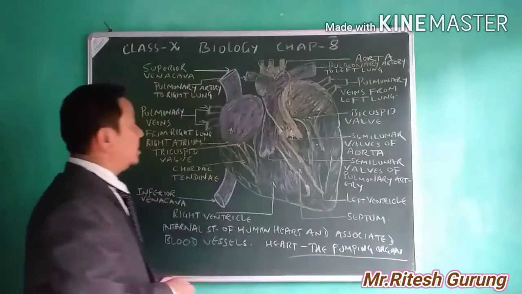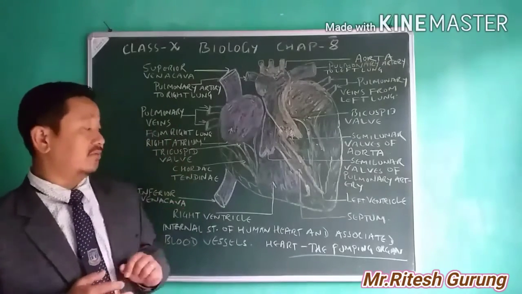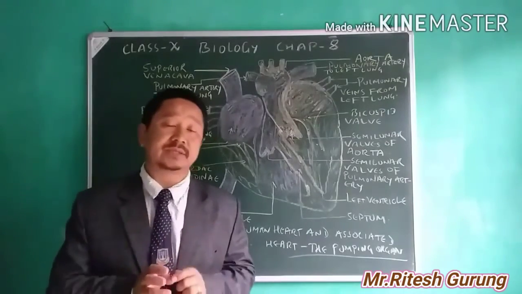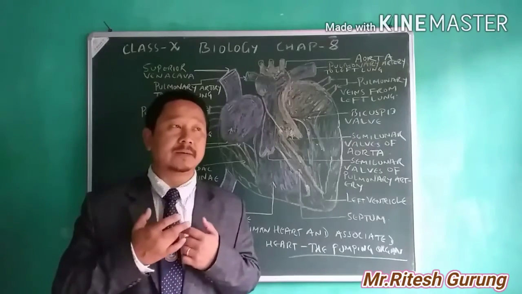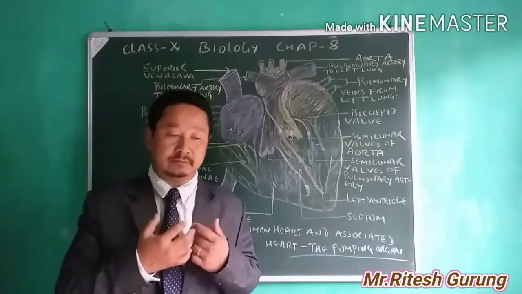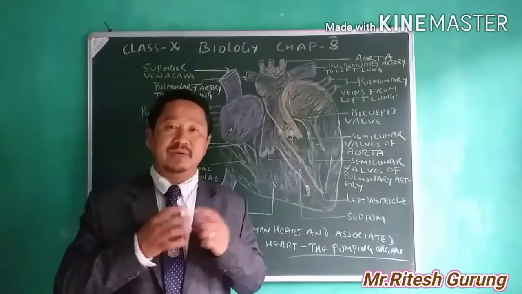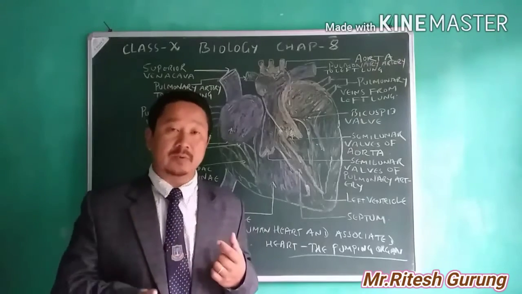Then we'll see first the location of the heart. The heart is mainly located in the chest cavity, in the central part of your chest cavity, between the two lungs and above the diaphragm.